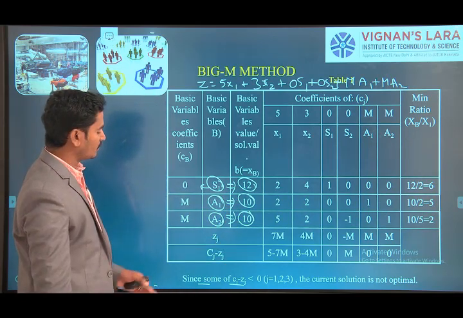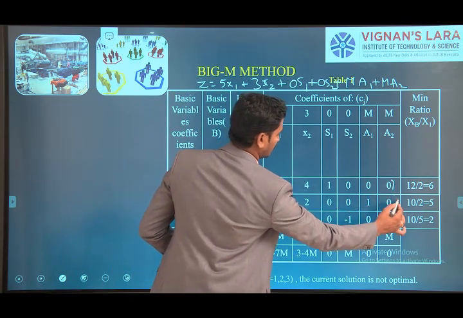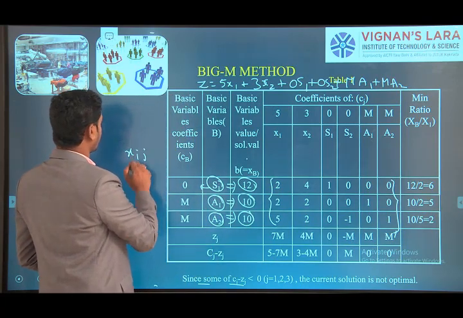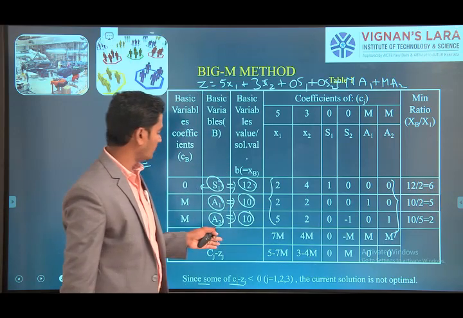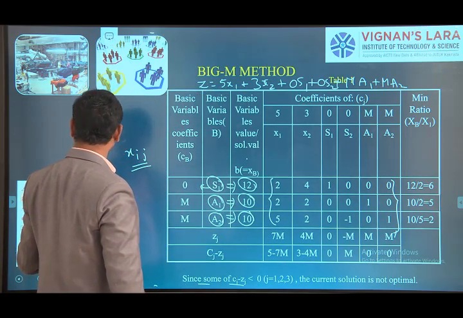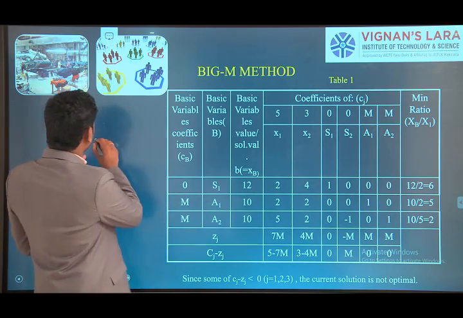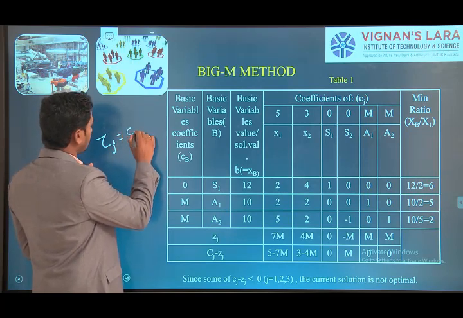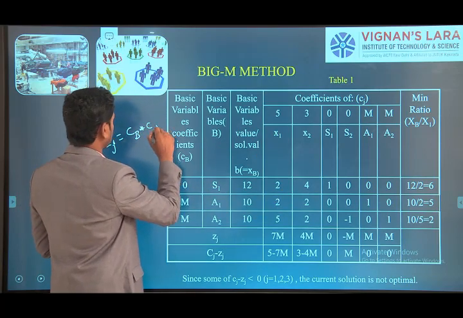From this we are going to find the Zj. These values are constraint coefficients, it means the Xij values. From this we are going to find the Zj. How do we find the Zj value? Here Zj is equal to the summation of Cb into the coefficient.